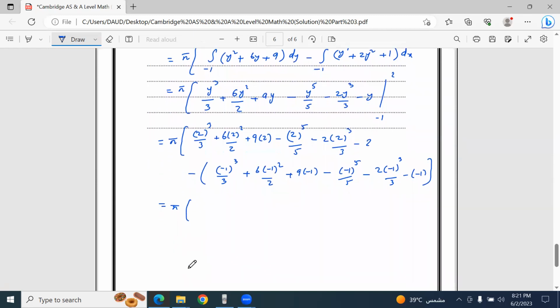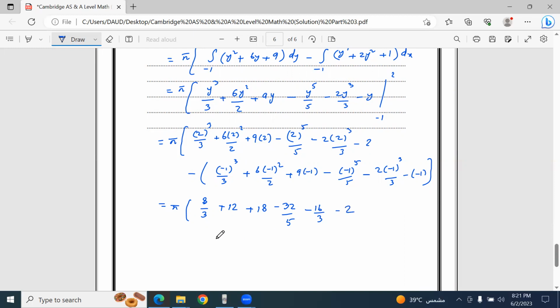So 2 cube means 8 over 3. And if we solve, 2 2s are 4, 4 6s are 24, 24 divided by 2 is 12. This is plus 12, plus 18. 2 power 5 is equal to 32, so minus 32 over 5. 2 cube means 8, 8 multiplied by 2 is 16, so minus 16 over 3.